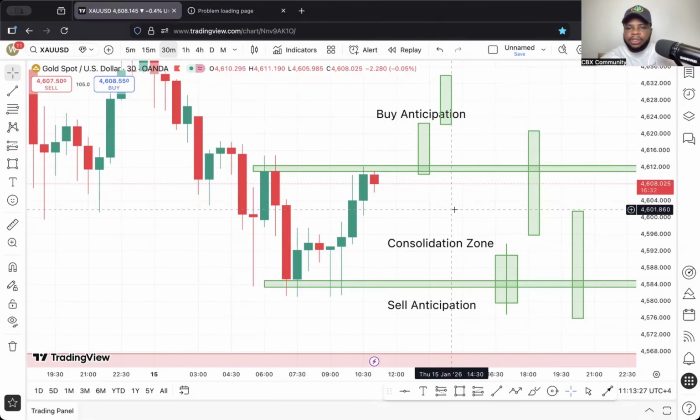The 30 minutes candle is left with 16 minutes before the candle needs to close. Let's see what the candle wants to do.